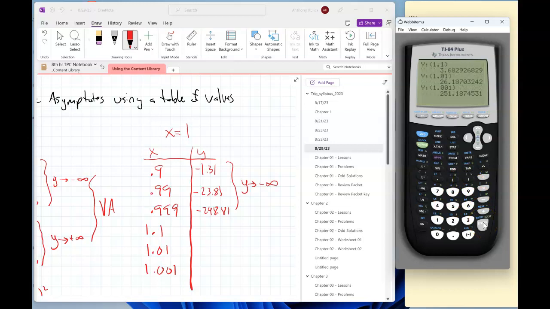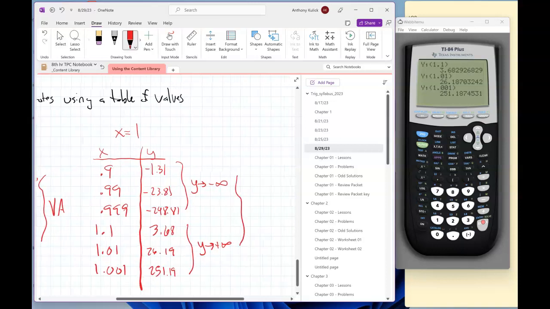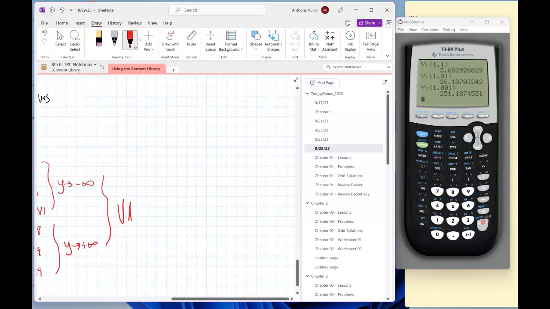So 368, 2619, and 251.19. Again, here we have getting big very quickly. Either of those is going to tell you have a vertical asymptote there. So far, so good. Got one more asymptote to confirm.